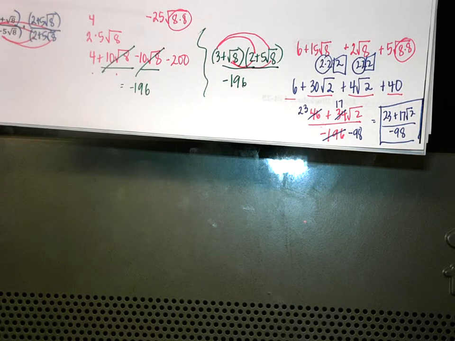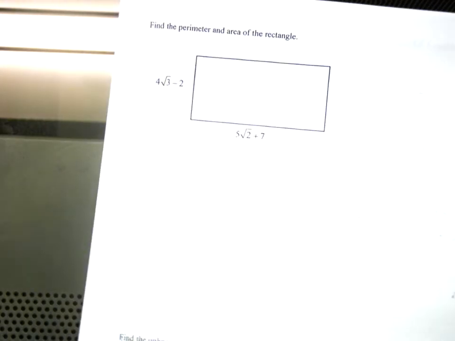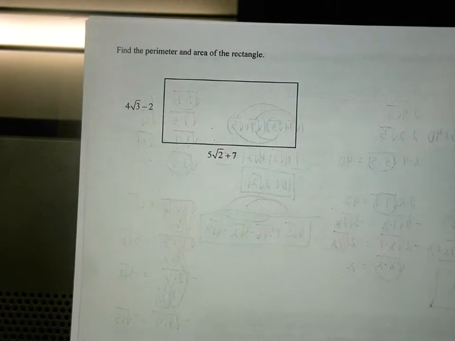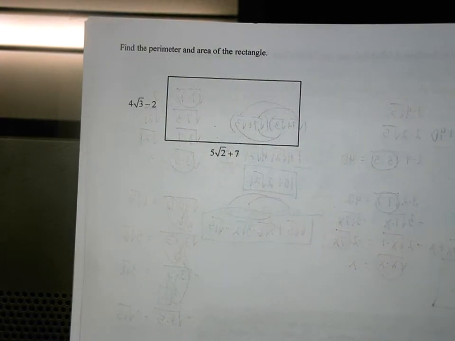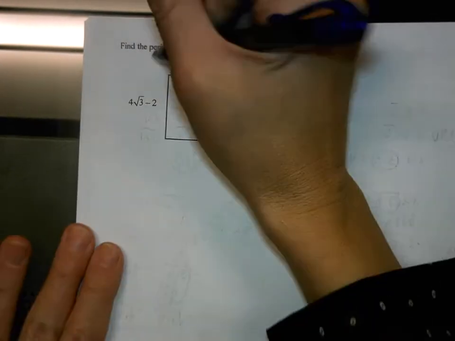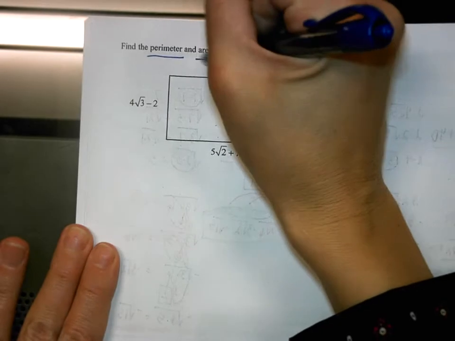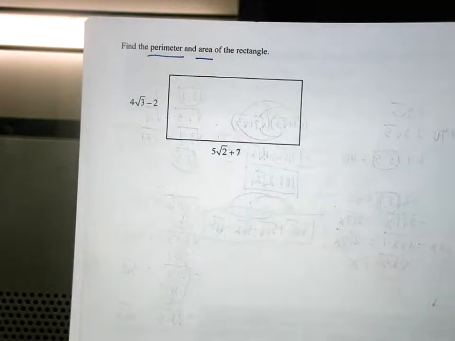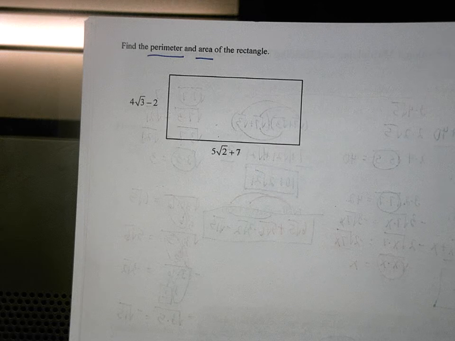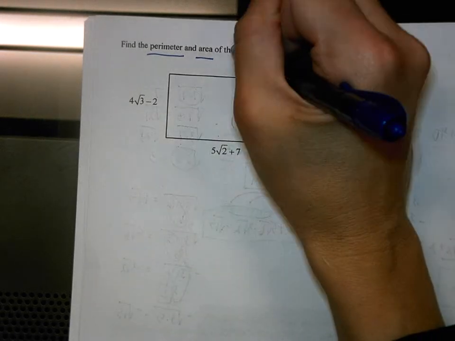All right. Last 2 problems. Okay. So here it's asking us to find the perimeter and the area of the rectangle. Okay? First of all, because it's a rectangle, what do we know?